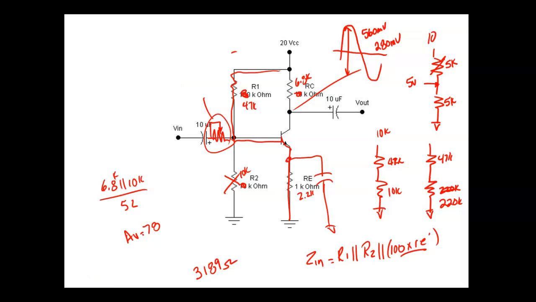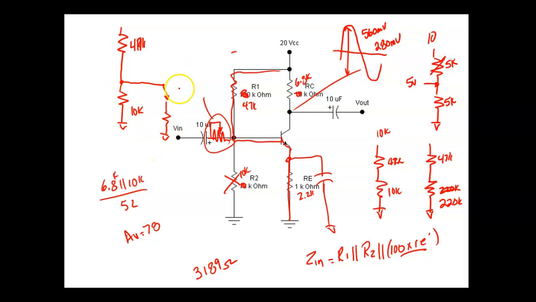So what I've got is, I originally come over here and I've got this circuit right here. I've got this, which is a 47K, and I've got this, which is a 10K. And then I've got this, which is through my transistor, and this resistor right here.